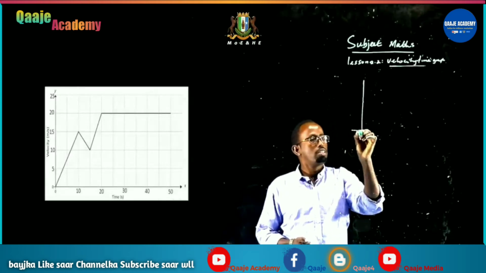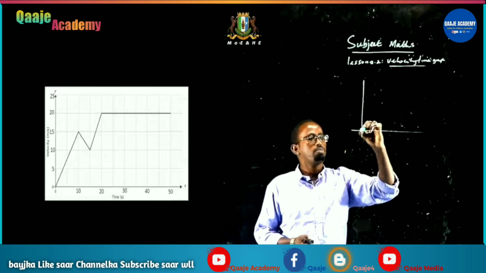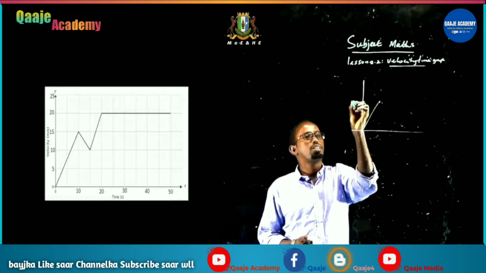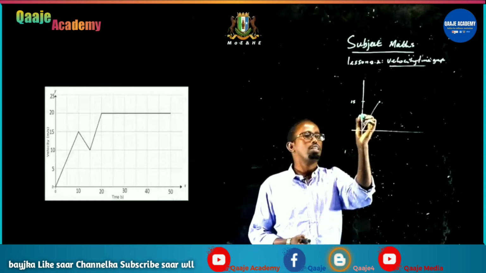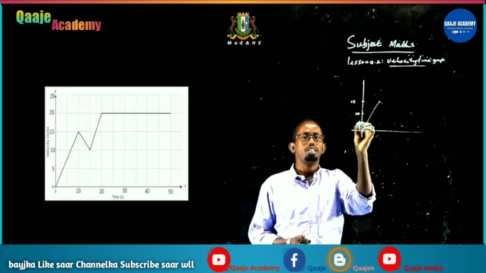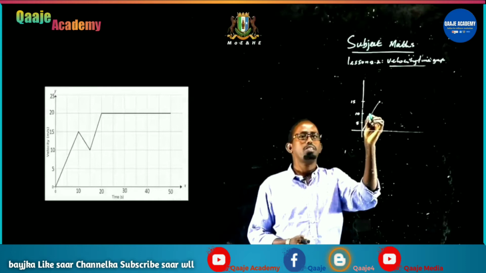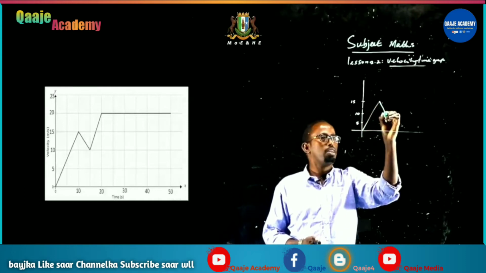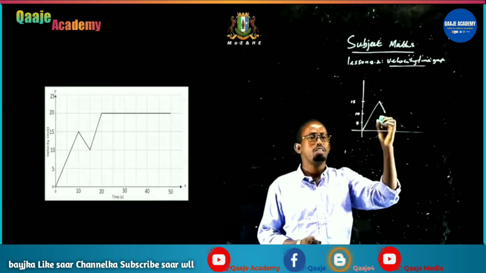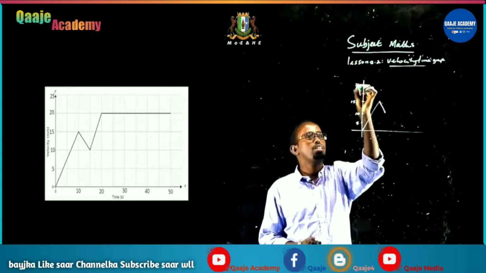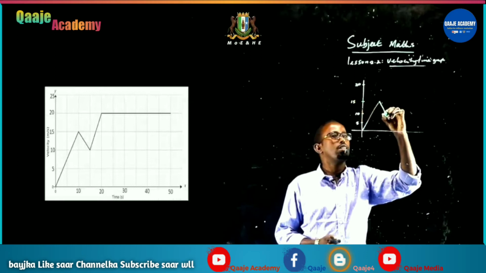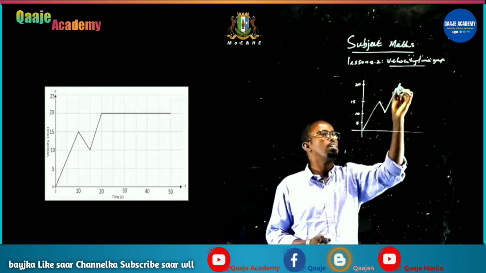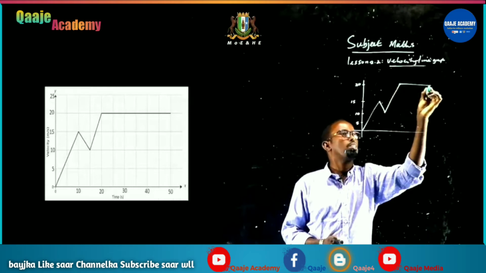So let me draw that diagram again. So that point is up to 15. There you have 10. And then you have 5, up to 10, I'm sorry. And then there we have 20. And then constant speed.